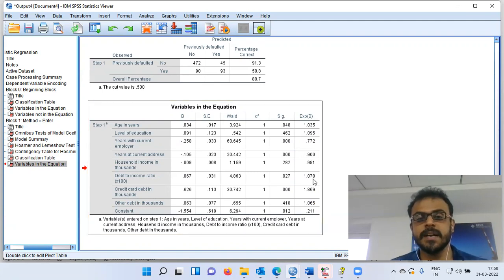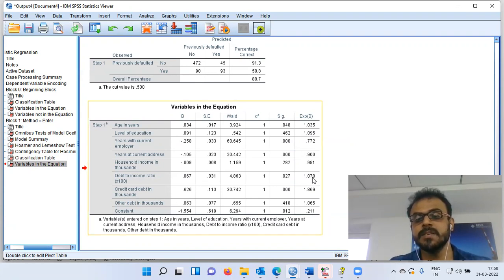It simply means that if debt to income ratio increases by 1 unit, the odds of default increase by 7%.